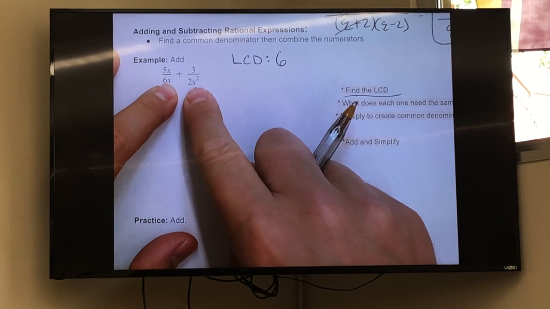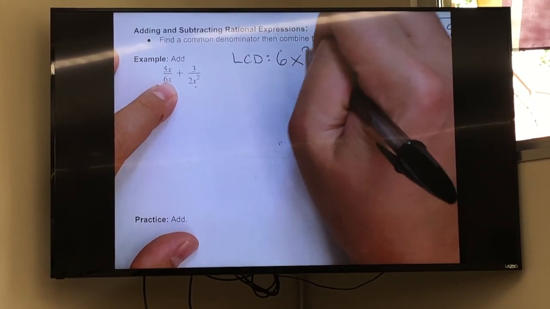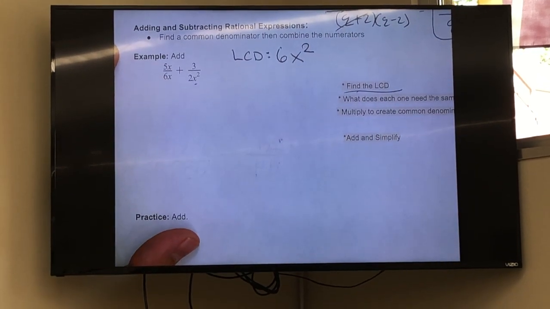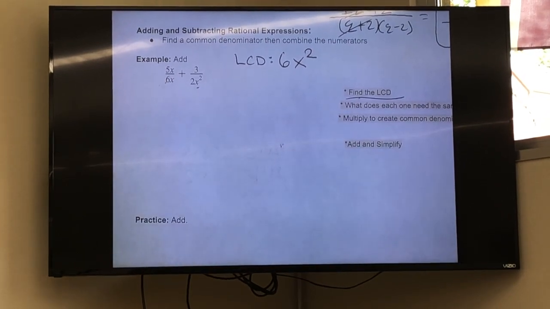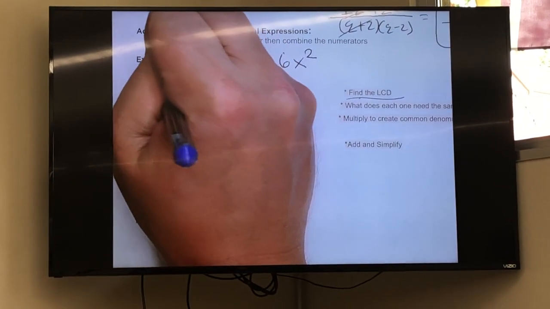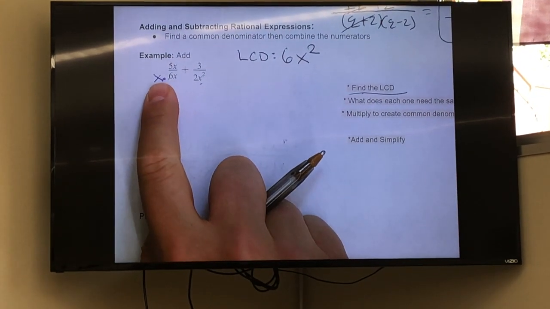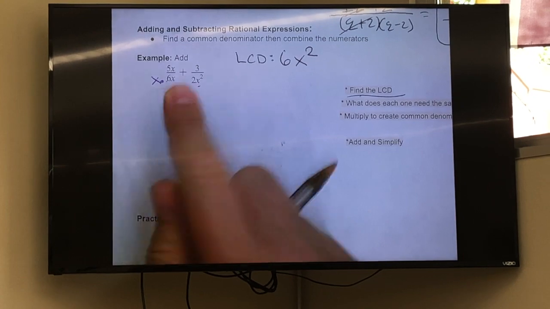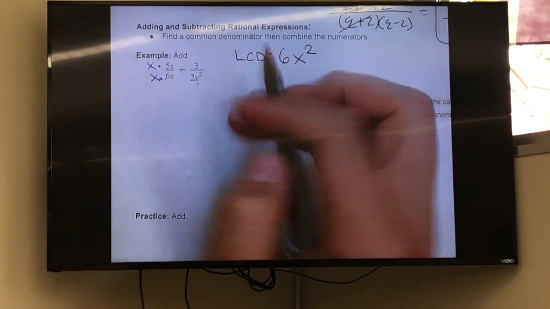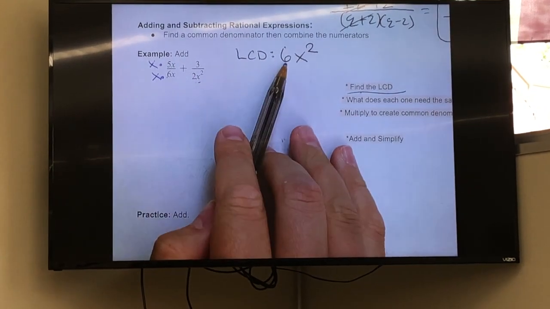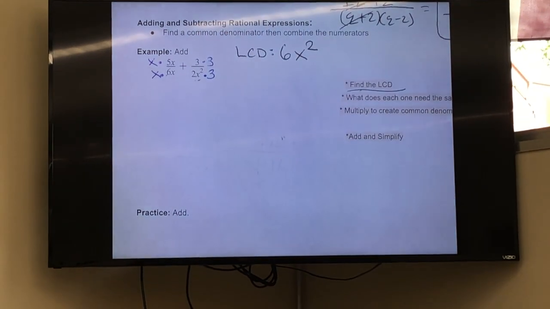This is an x, and this is an x to the second power, so they can both become x squared. Looking at the left one, we only need to multiply by another x, because 6x times x will make 6x squared. The other one, we have a 2x squared, but we want a 6x squared, so we're going to multiply it by a 3 and by a 3.